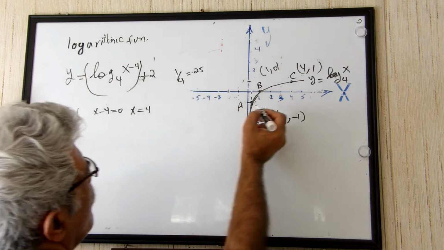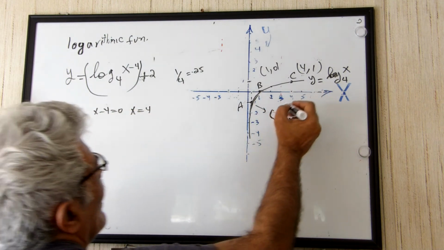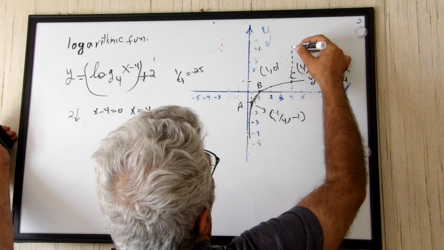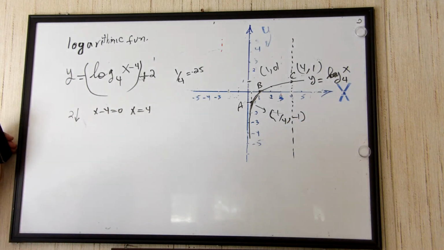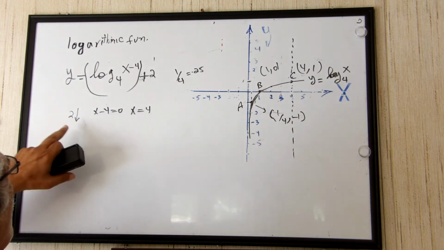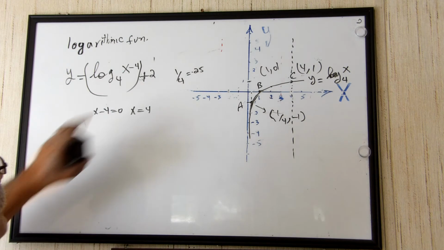So x equals 4 is going to be a vertical asymptote, and the graph is going to go 2 units down. Let's see how it works.